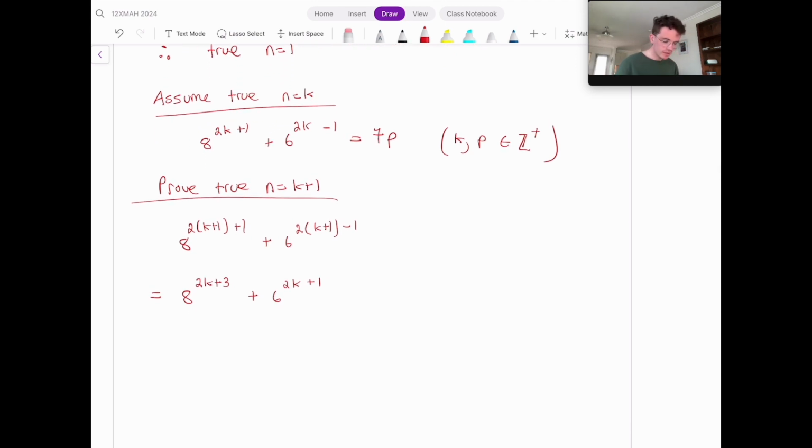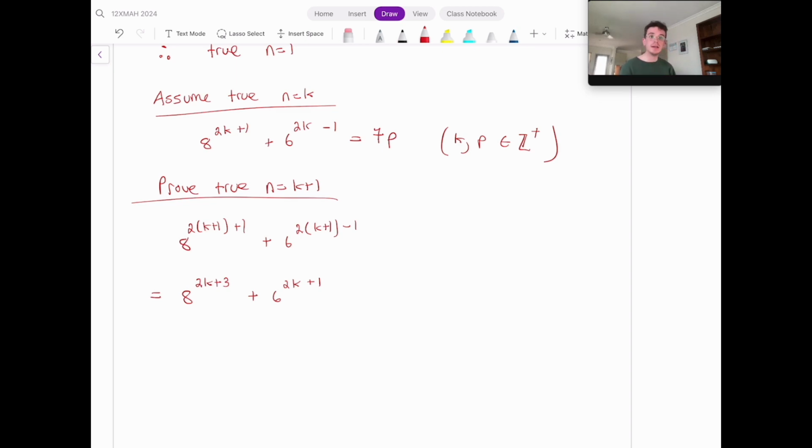So we're then going to see, okay, how on earth can I use my inductive hypothesis here? So our inductive hypothesis has a 2k plus 1 for the power of 8 and a 2k minus 1 for the power of 6. So it's none of the things that we've got in our original k plus 1.